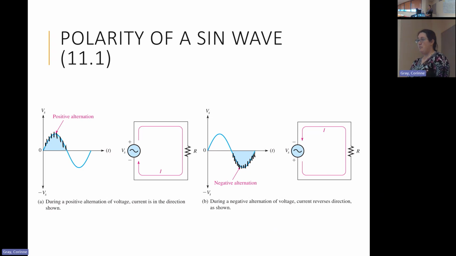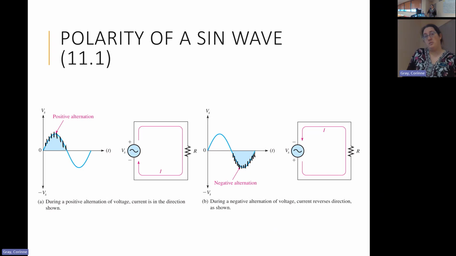So it's AC for both of them. What else do we notice about it? Polarity switch, obviously. In the case where we have positive, the positive is on top. The case where we have negative, the positive is on the bottom. So the polarity itself is flipping.